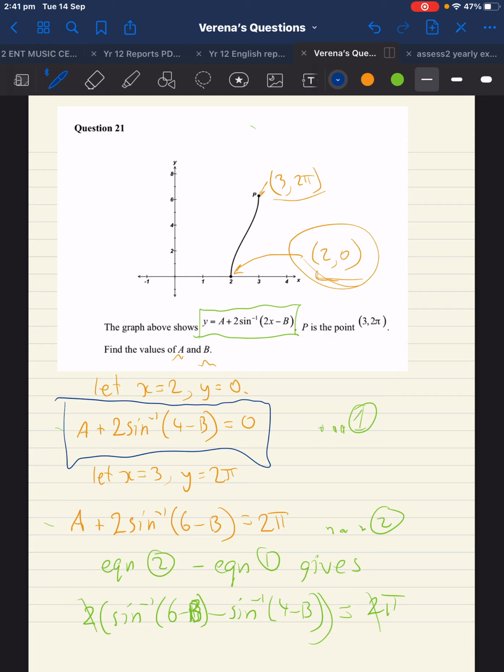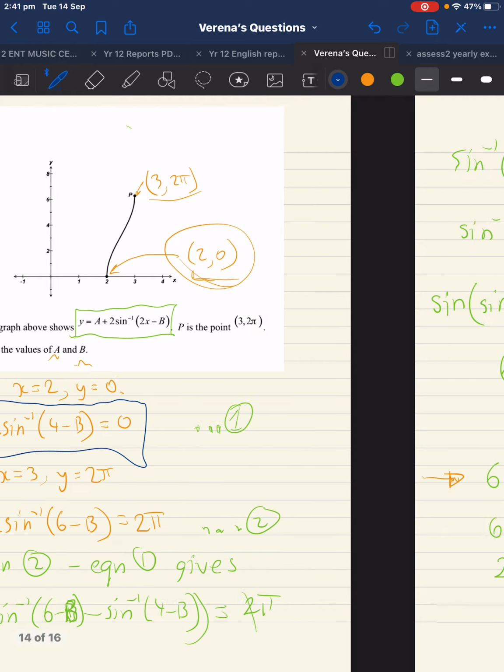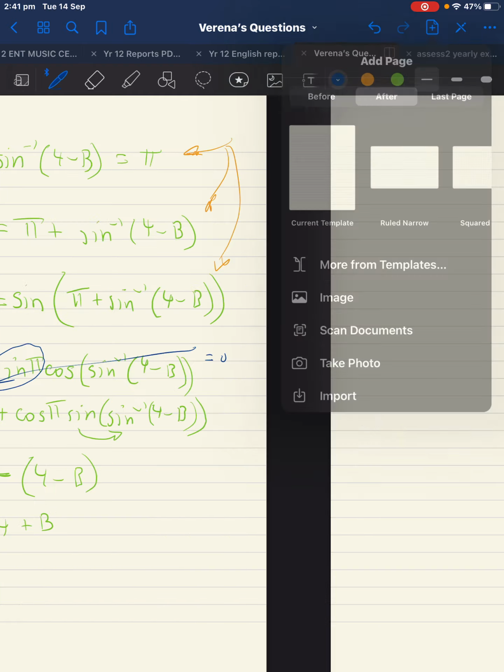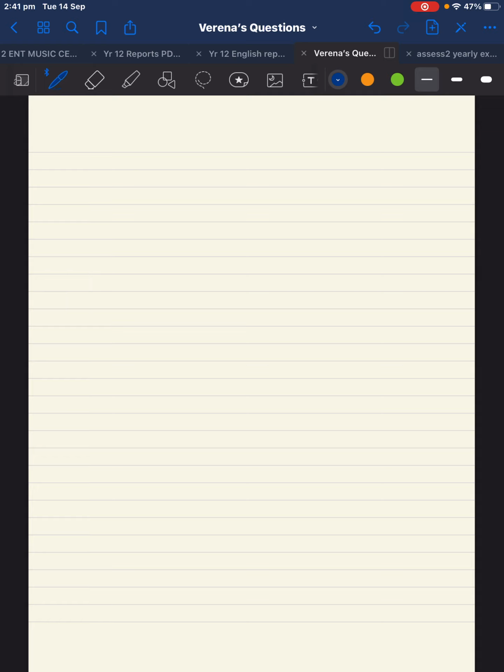I could sub it into equation 2. It's just as easy, to be honest. But it doesn't matter. I'll sub it into 1 because that's what I've said. And from that, I'll get the value of a. So b is equal to the value 5.